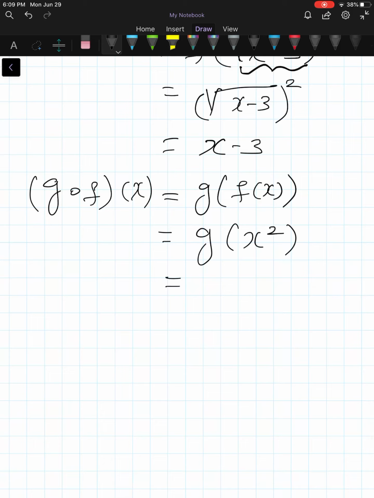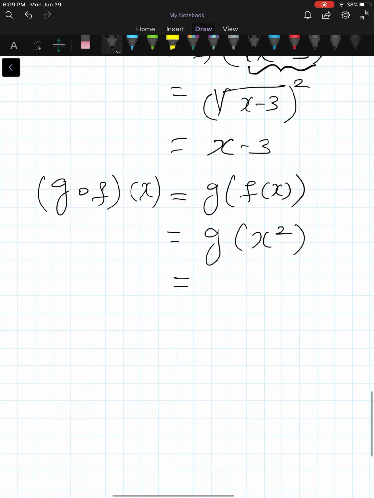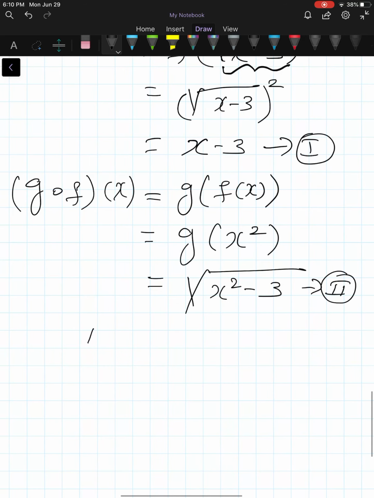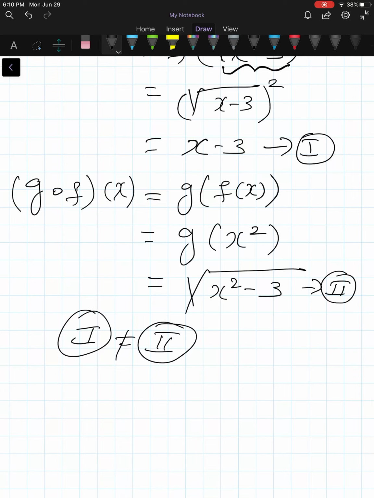So apply g on x square. We know that g is square root of x minus 3. Wherever there is x, substitute x square. So we will get square root of x square minus 3. So result 1 is not equal to result 2. Therefore, it is not commutative. You can see that with this problem.